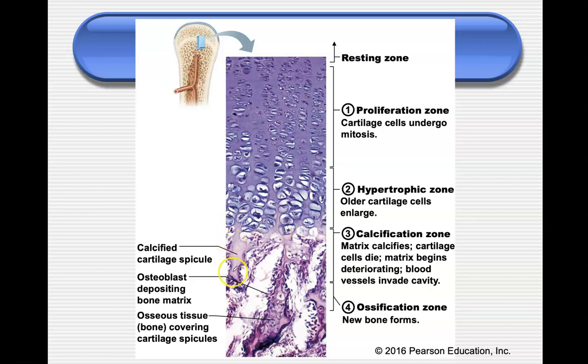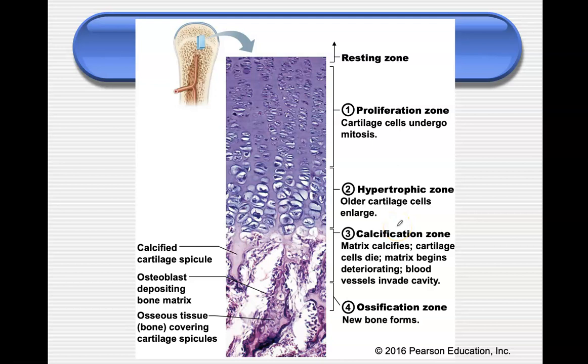So they're going to start to leave these really large spaces in between, okay? So basically, their lacunae just enlarge as these cells enlarge, and they erode and leave these really large spaces in between. So that's what's happening in the hypertrophic zone. Okay, old cartilage cells enlarge, and they leave these larger lacunae and larger spaces in between.